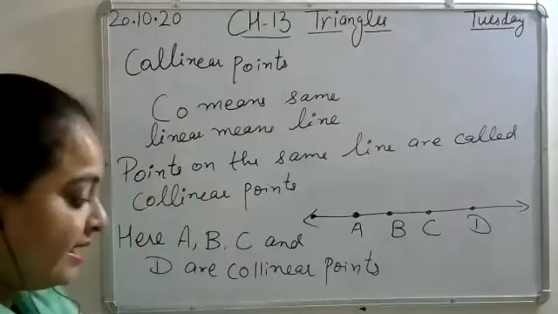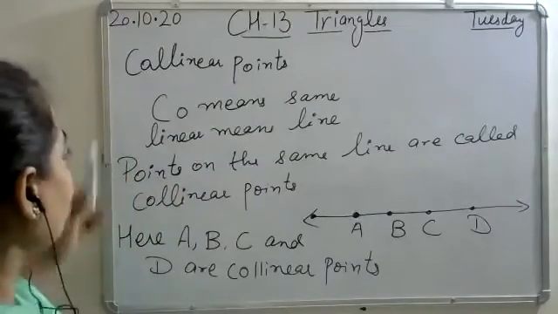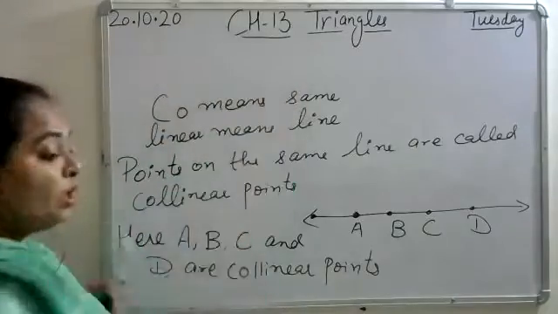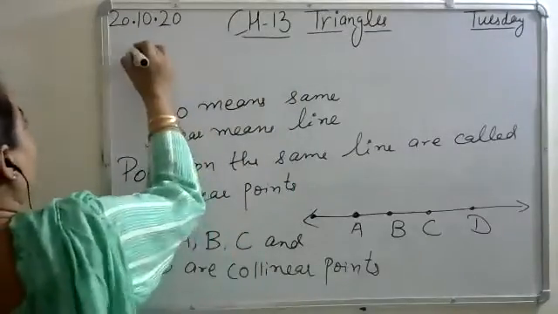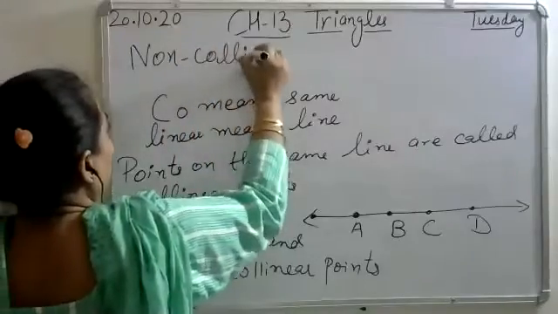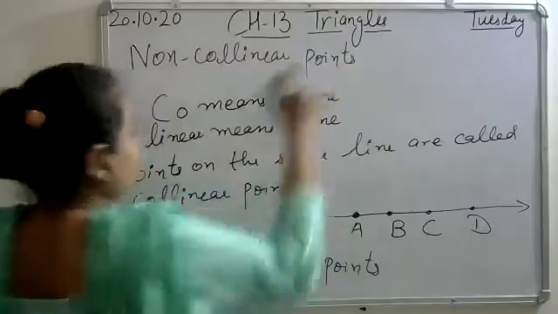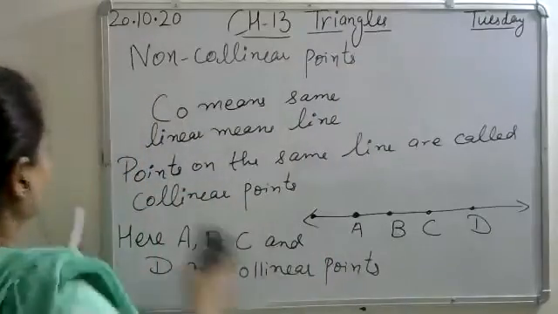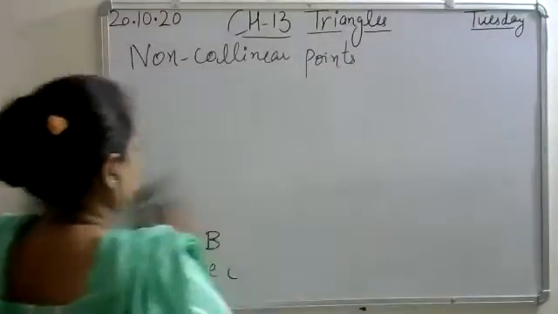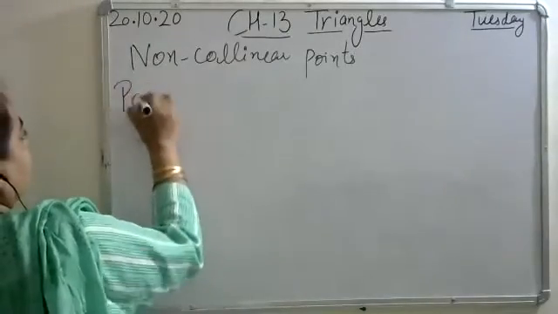Now come to the next. This is collinear. After that we have non-collinear points.